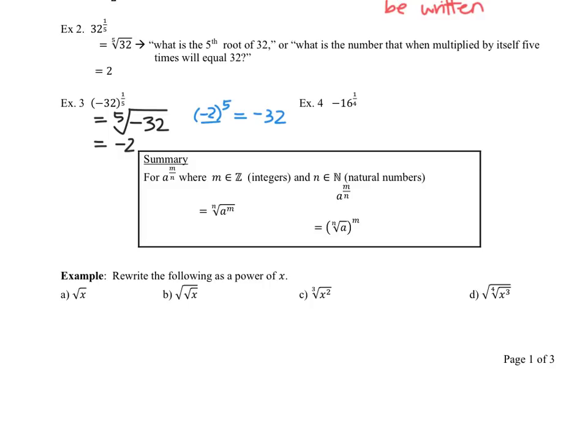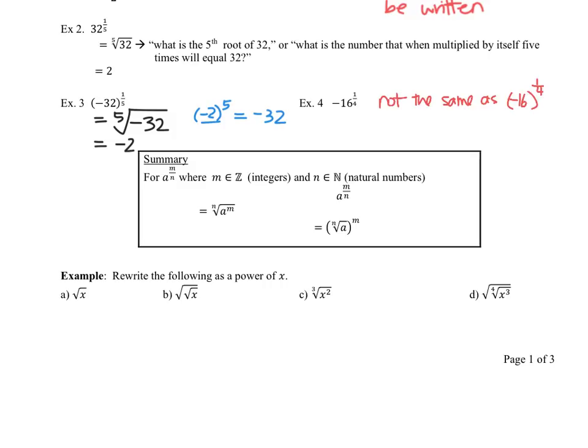Okay. So in this next example, negative 16 to the exponent of 1 over 4, I want you to notice something. This is not the same as negative 16 in brackets to the exponent of 1 over 4. Brackets are so important because they will tell us whether the base, in this case, is positive or negative.